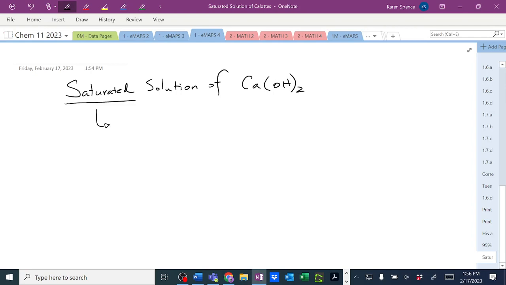Okay, saturated. It means that there is what? Yeah, it contains the maximum amount of dissolved solutes.